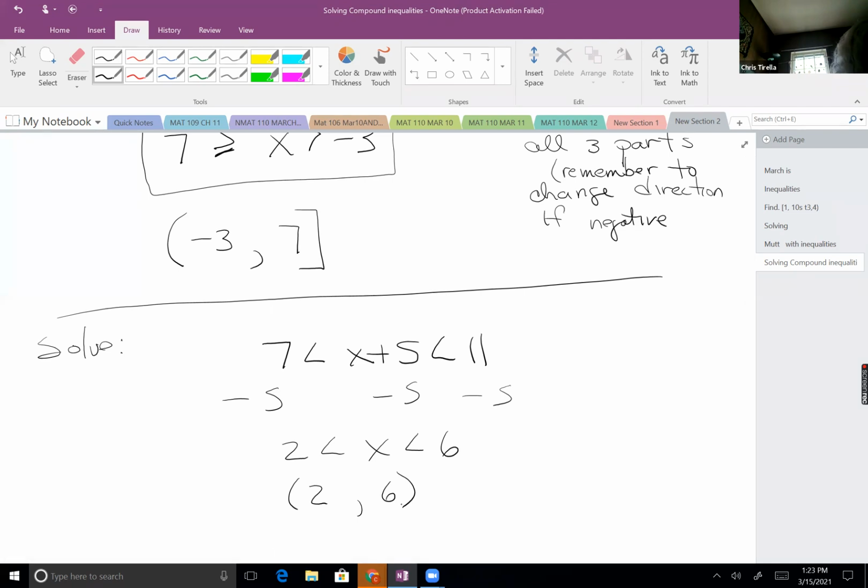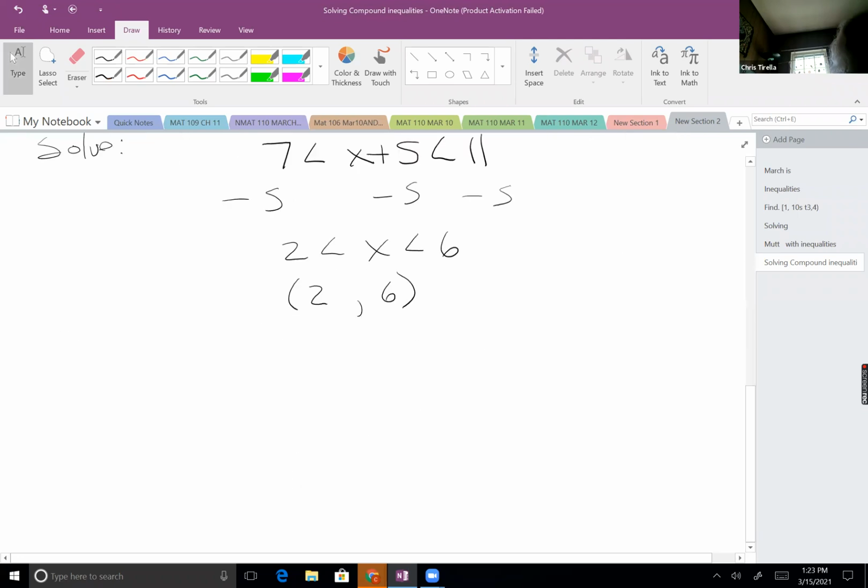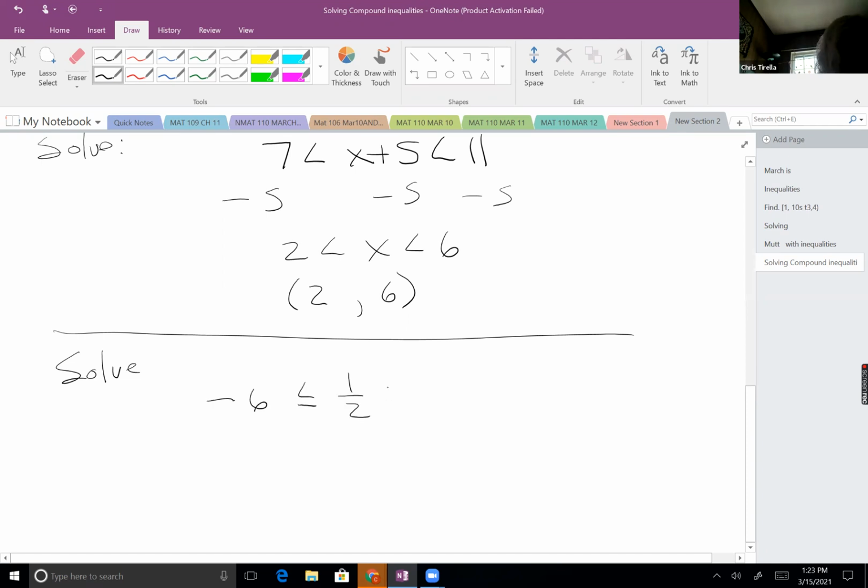Let's try one more. This time, let's have you folks please solve -6 is less than or equal to 1/2 x minus 4 is less than -3.